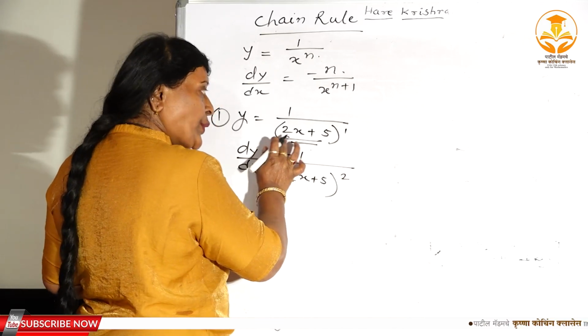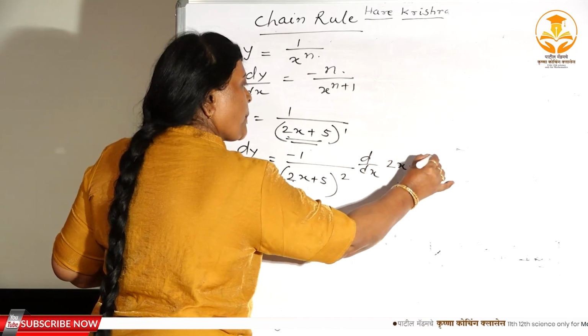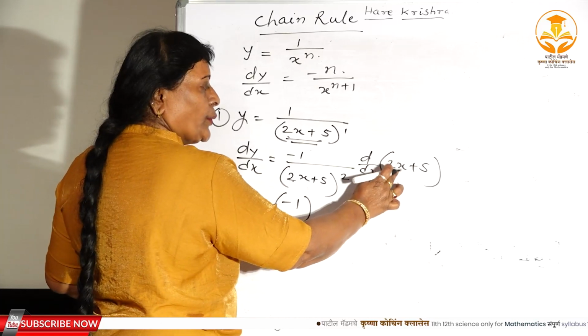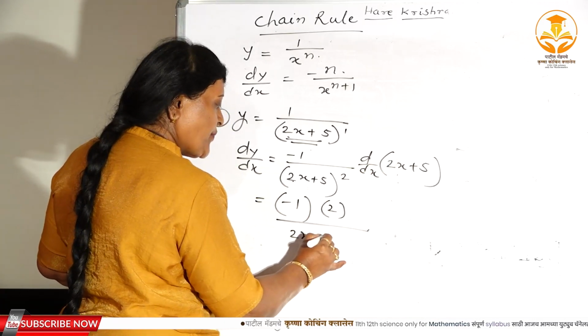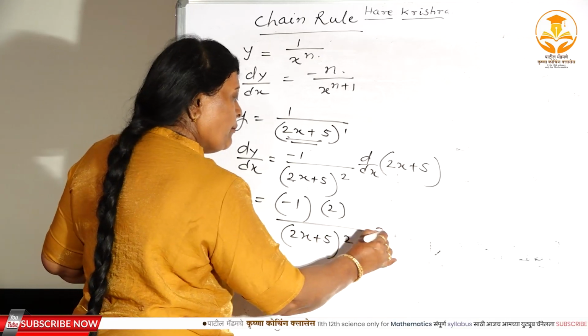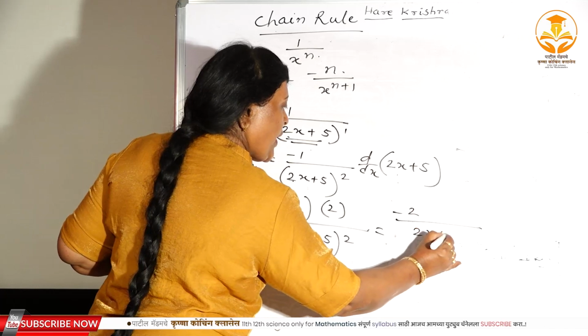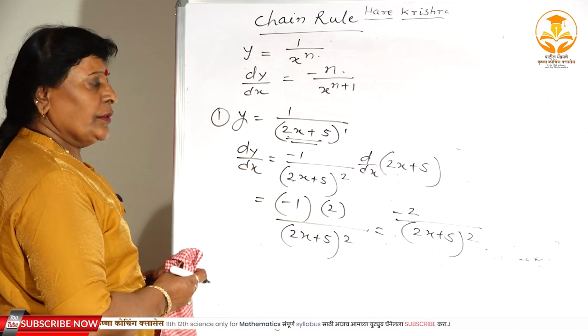Here you have substituted u, therefore ddx of 2x plus 5. See again minus 1. What is the derivative? The derivative of 2x is 2, of 5 is 0, again 2x plus 5 whole square, minus 1 into 2, minus 2 divided by 2x plus 5 whole square, right? This is about the chain rule, isn't it?